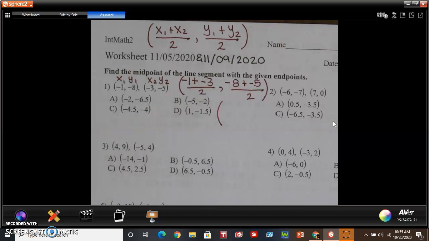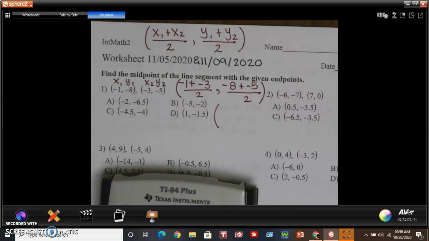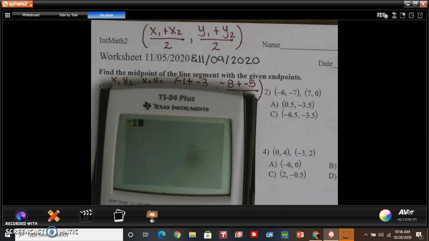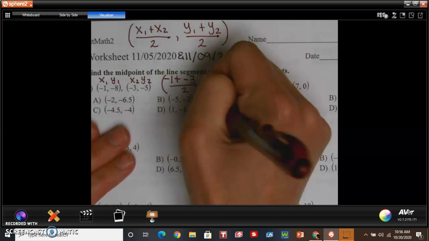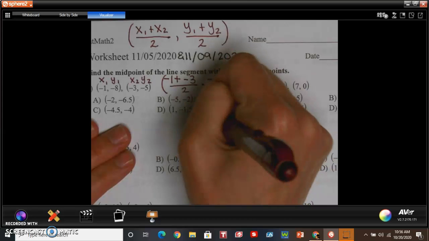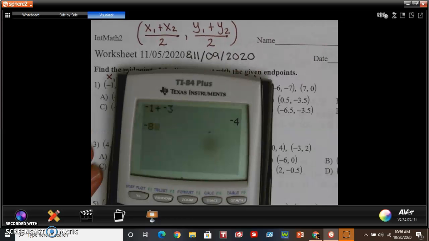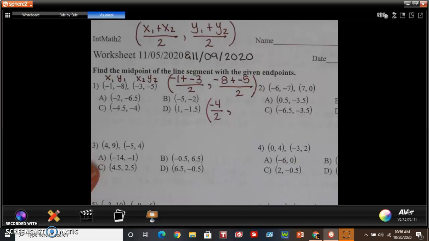Please use your calculators, especially if you question yourself at all when it comes to negatives. So here we go. We're going to first start with -1 plus -3. We get -4, still divided by 2. Then we're going to do -8 plus -5, gives us -13.